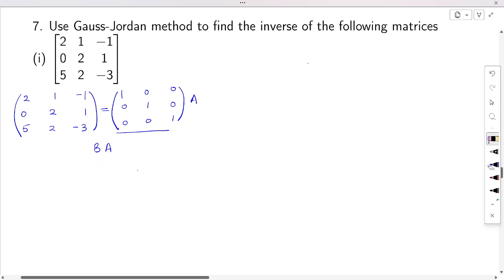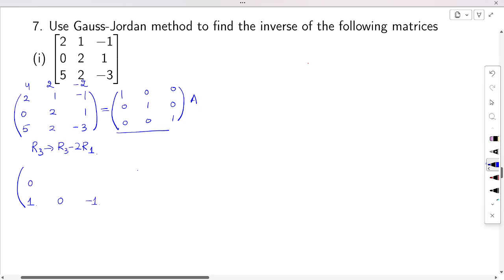So let us start. Apply the operation row 3 minus 2 times row 1. This row becomes 4, 2 and minus 2. So 4 minus 5 minus 4 is 1, 2 minus 2 is 0, minus 3 plus 2 is minus 1.